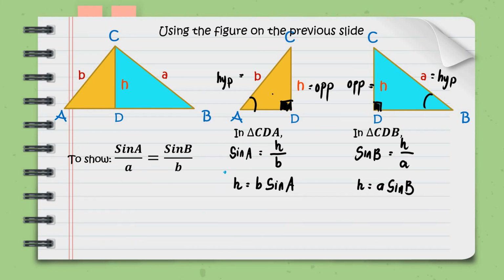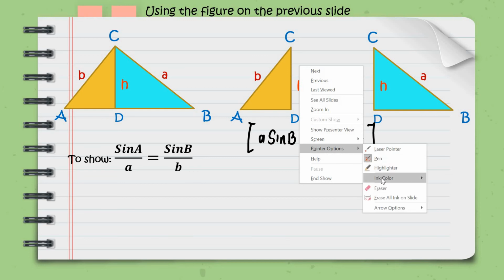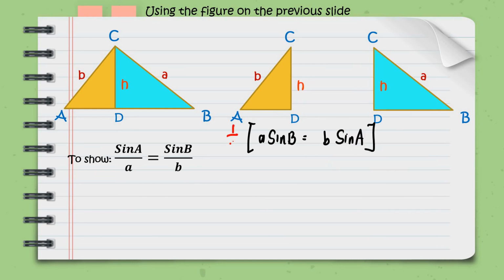Observe that h here is equal to b sine of angle A and h here is also equal to a sine of angle B. Therefore, these two are equal. Therefore, a sine of angle B is equal to b sine of angle A. To show that sine A over a is equal to sine B over b, we need to apply the multiplication property of equality by multiplying 1 over ab on both sides of our equation.